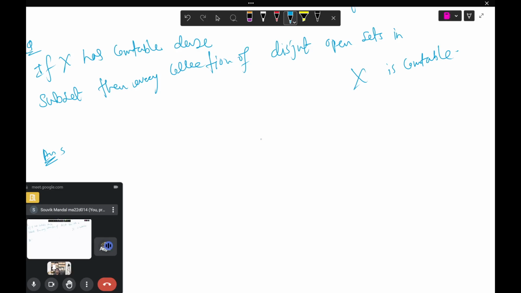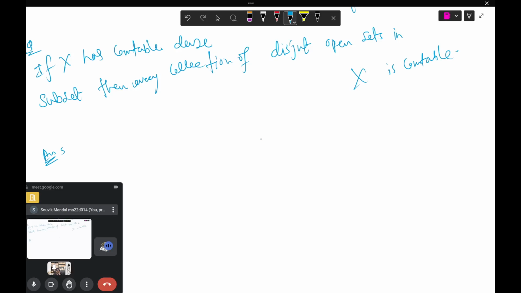Sir, because it intersects U alpha, A intersect U alpha. So how do you get the map? I don't get the picture.